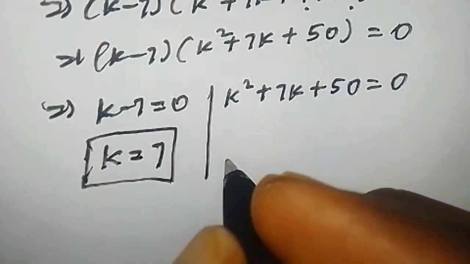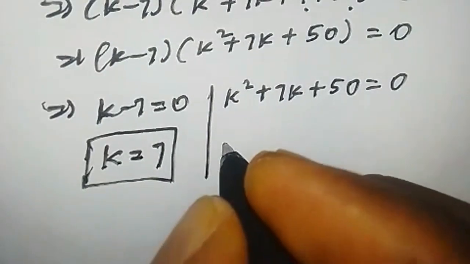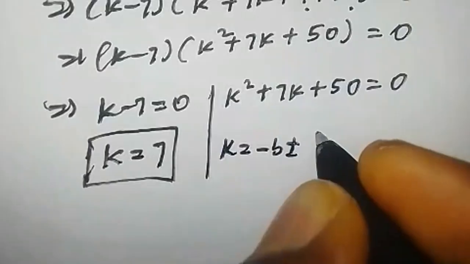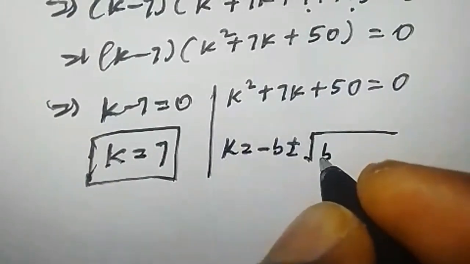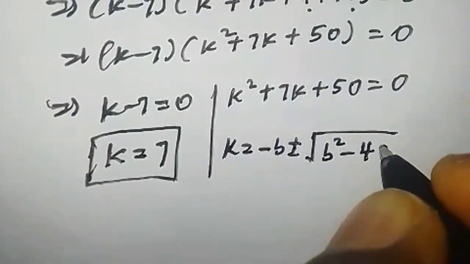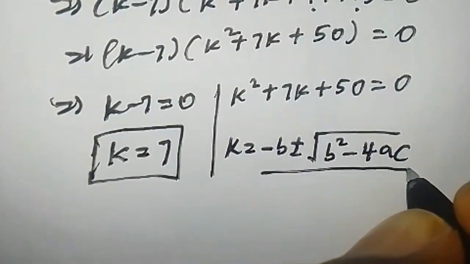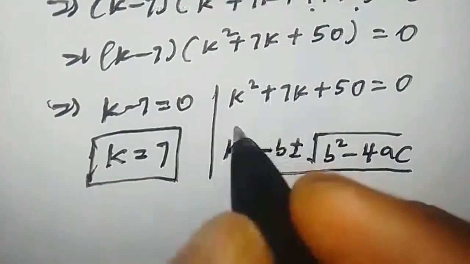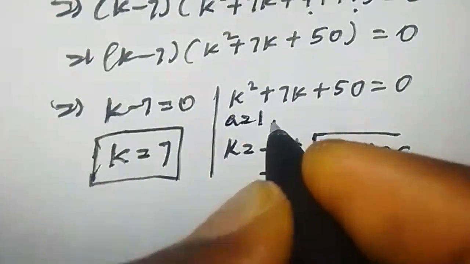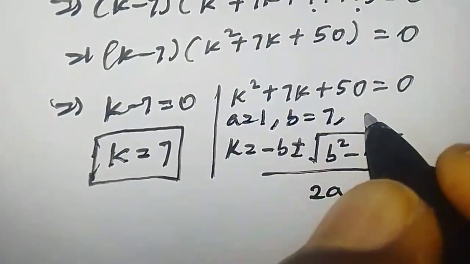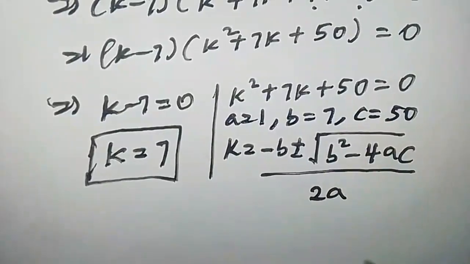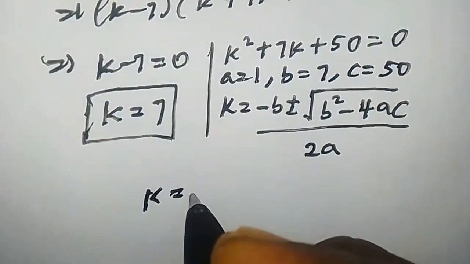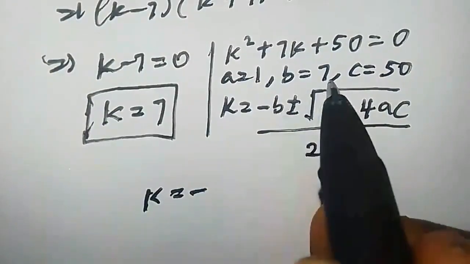Let's solve it using the quadratic formula, which is K equal to minus B plus or minus the square root of B square minus 4AC, divided by 2 times A. From this equation, A equals 1, B is 7, C is 50. So we have K equal to minus, what is B?